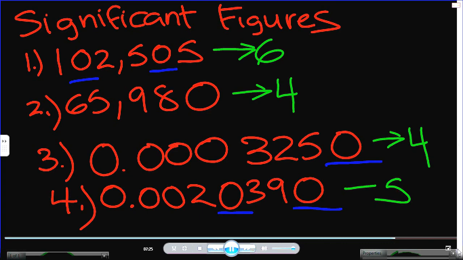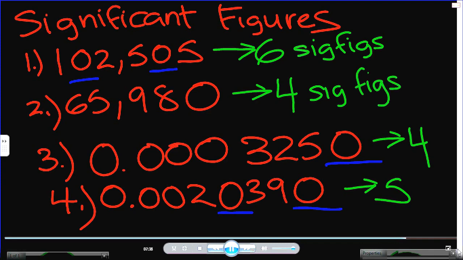And when you add them all together, you end up with a grand total of 5 significant figures, keeping in mind that you have 2 of the zeros that are significant, and that makes a grand total of 5. Now, for emphasis, I want you to understand that sig figs is just an abbreviation for significant figures, and this serves as a predecessor lesson when you're learning about significant figures.